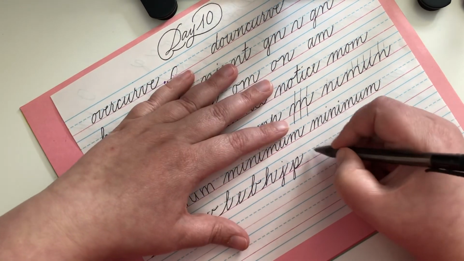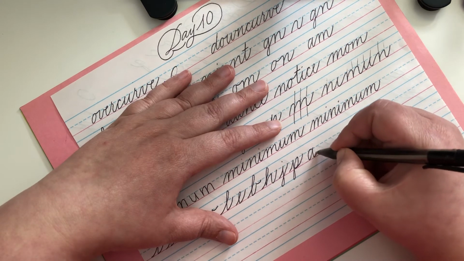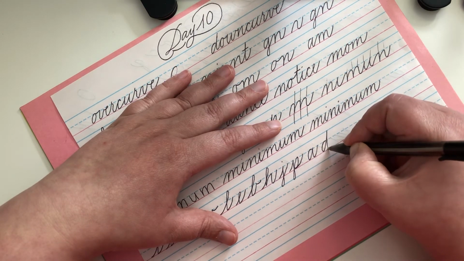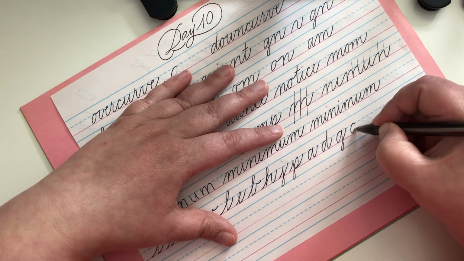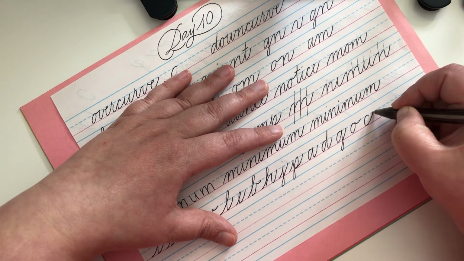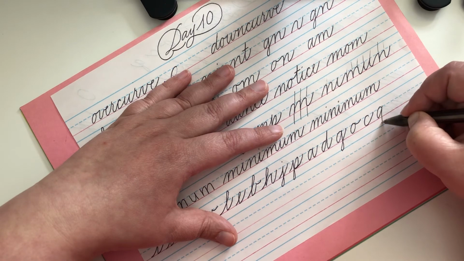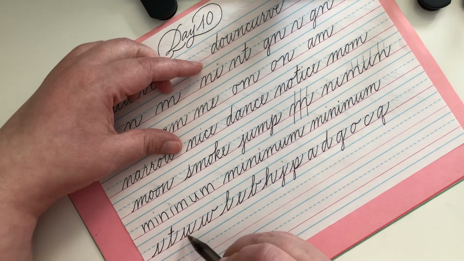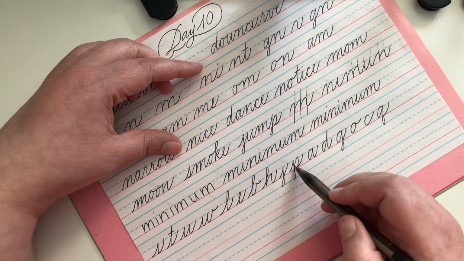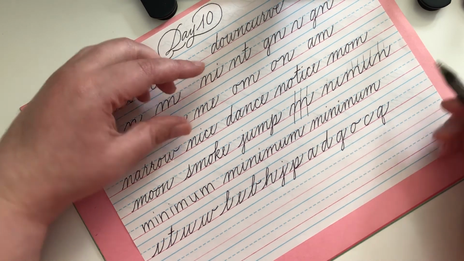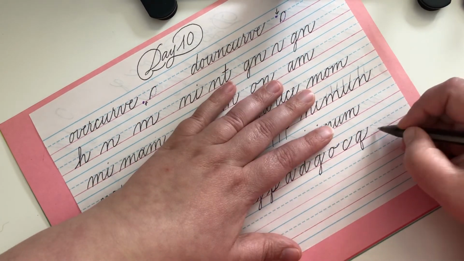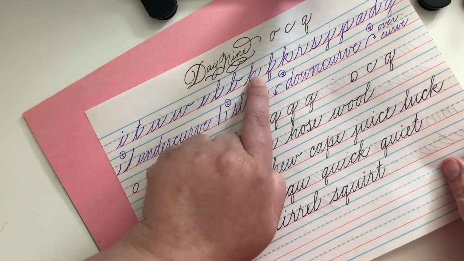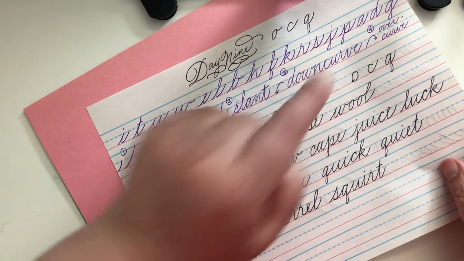And the down curve letters. One, two, three, four, five, six, seven, eight, nine, ten, eleven, twelve, thirteen, fourteen, fifteen, sixteen. Which letters are we missing? The N and the M. We learned today. Let's see. F and K and R and S.